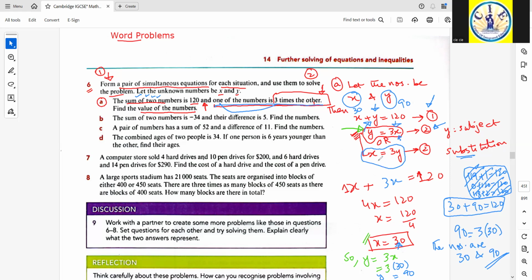Now if I take the second equation to be x equals 3y, then in equation number 1, x plus y equals 120, in place of x I replace 3y, and this y stays the same, equal to 120. This is again 4y is equal to 120.